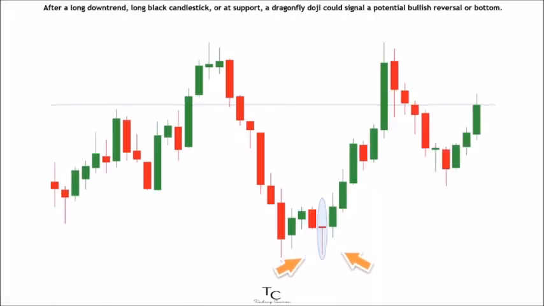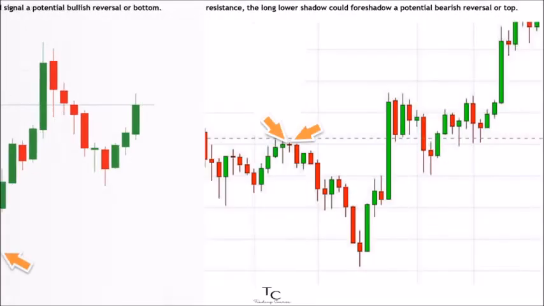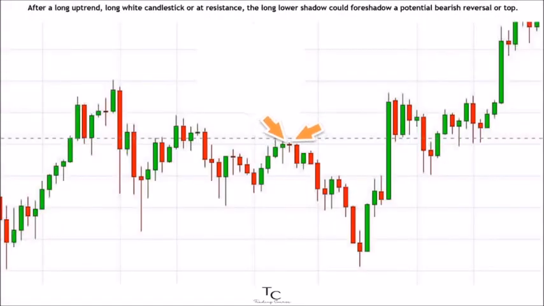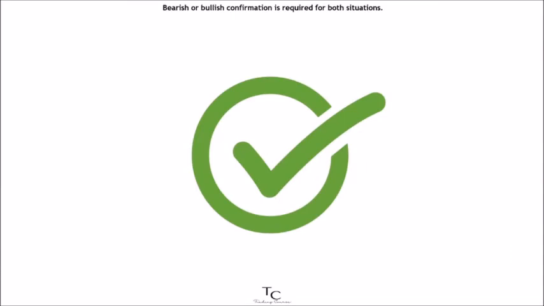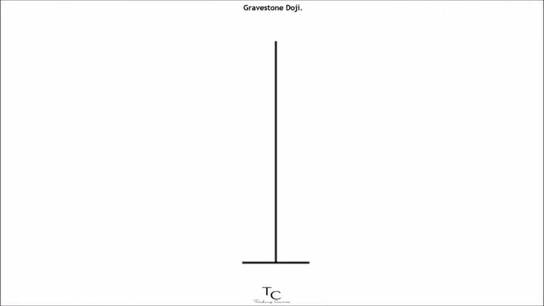After a long downtrend, long black candlestick, or at support, a dragonfly doji could signal a potential bullish reversal or bottom. After a long uptrend, long white candlestick or at resistance, the long lower shadow could foreshadow a potential bearish reversal or top. Bearish or bullish confirmation is required for both situations.